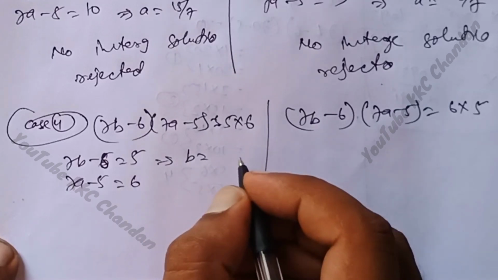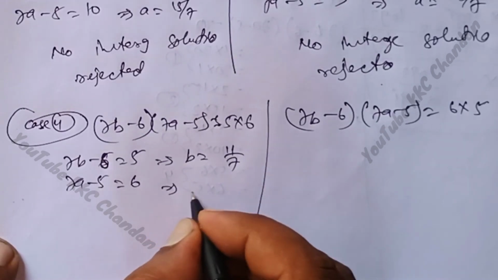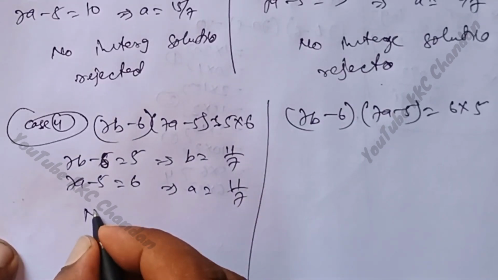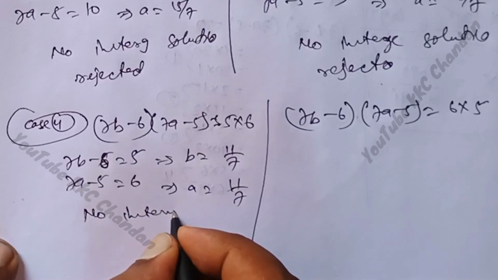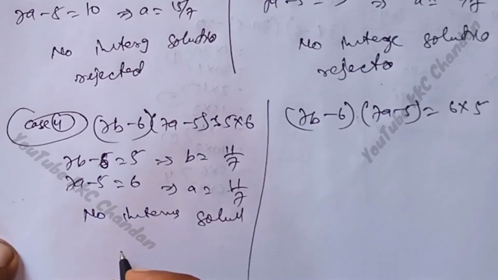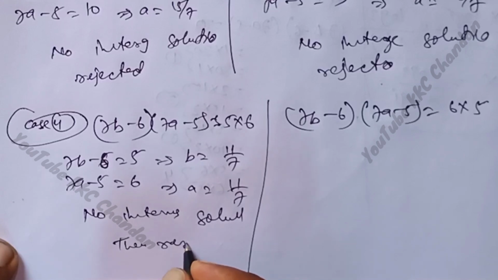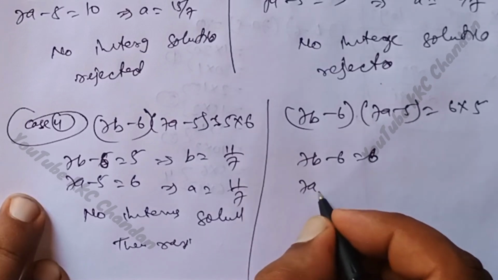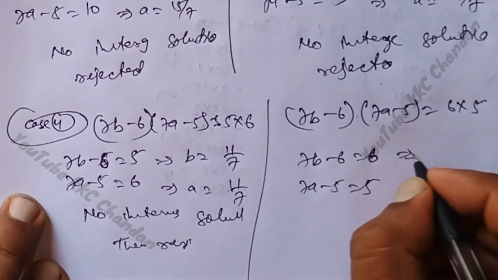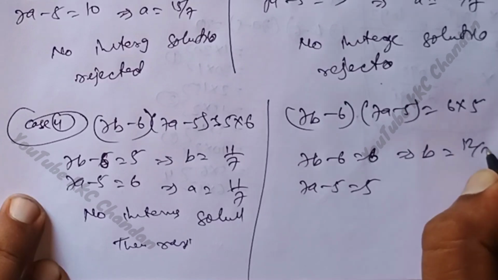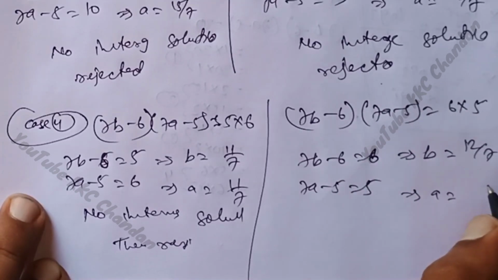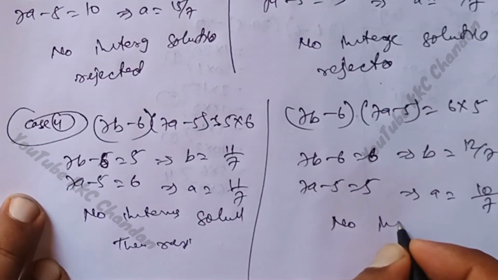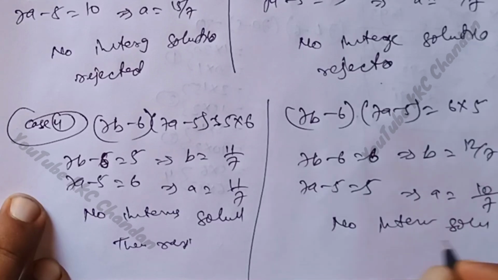Here b value is 11 divided by 7 and a value is 11 divided by 7. So no integer solution. They will be rejected. 7b minus 6 is equal to 6 and 7a minus 5 is equal to 5. Here b value is 12 divided by 7 and a value is 10 divided by 7. Therefore no integer solution.